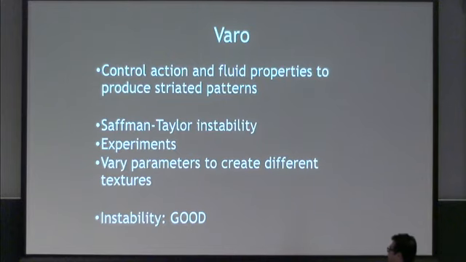And again, you can create a wide range of patterns depending on the ability that the painters have to control the initial configuration and the properties of the fluid, and they do this 1,000 times such that they can produce the pattern that they want that is part of their composition. So in this case, you do want the instability, as opposed to Pollock that wanted to prevent the instability and cicadas that wanted the instability to happen, right?